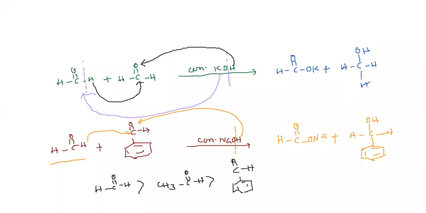Now I will give you a few questions; solve them and send them to my channel. I'm giving a few examples for homework. H plus HC double bond H with concentrated KOH, that is O18 labeled oxygen.